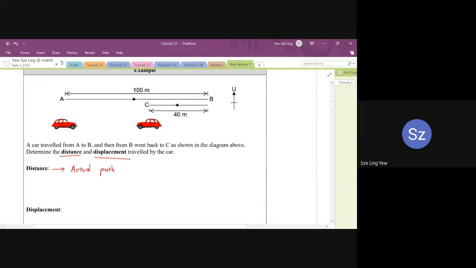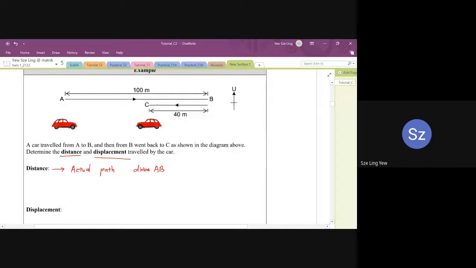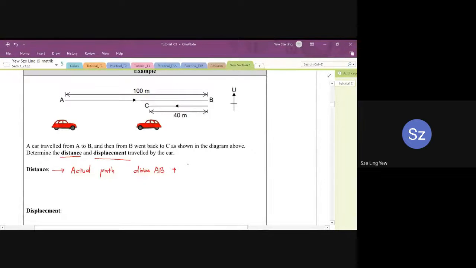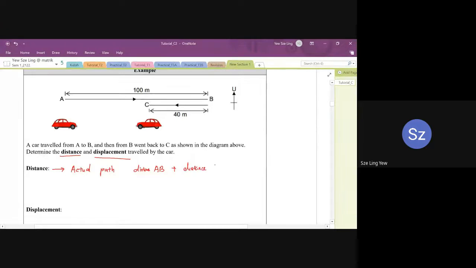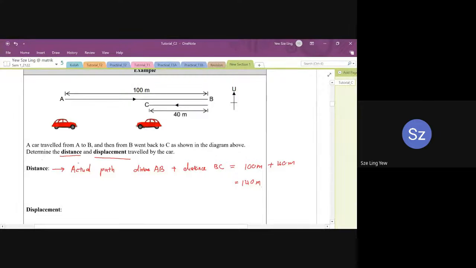You calculate the distance from A to B first, plus the distance from B to C, which equals 100 meter plus 40 meter, which equals 140 meter. That is the distance traveled by the car.